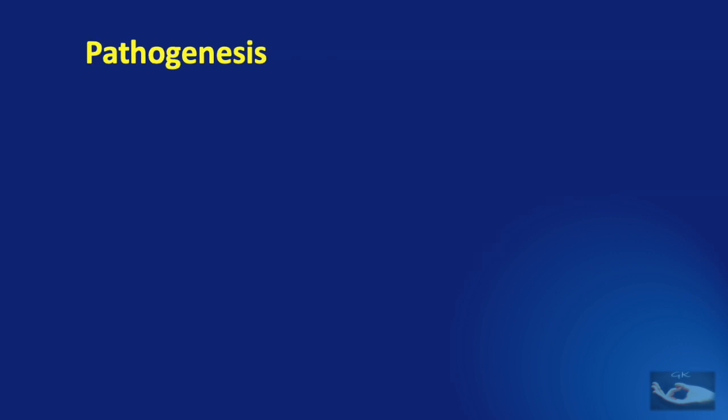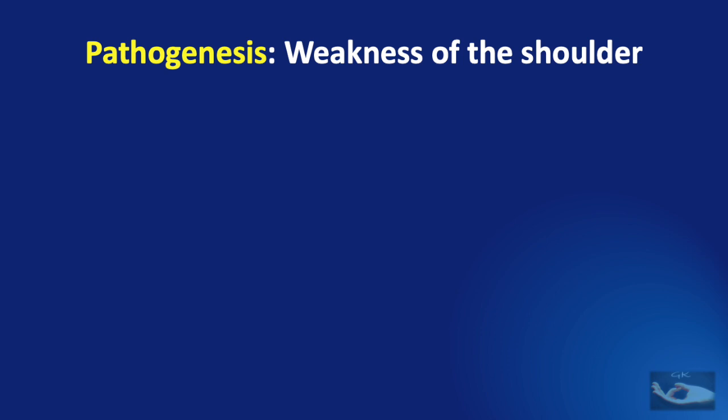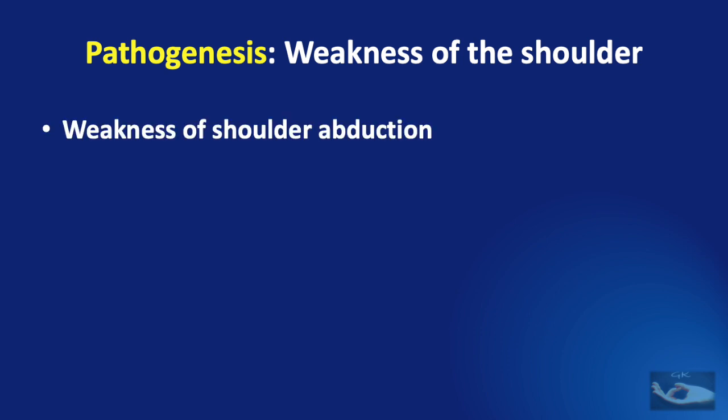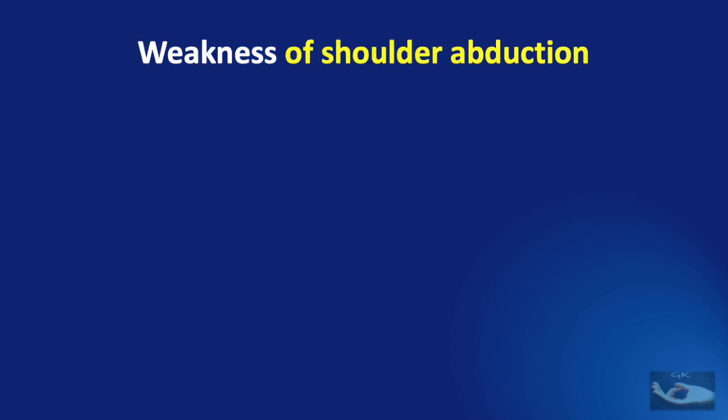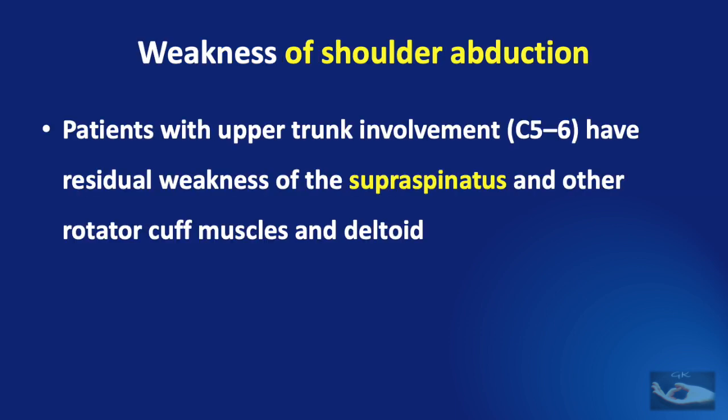When we talk about the pathogenesis of weakness of the shoulder, we are referring to weakness of shoulder abduction and weakness of shoulder external rotation. Weakness of shoulder abduction occurs in patients with upper trunk involvement, that is C5-6, who have a residual weakness of the supraspinatus and the other rotator cuff muscles and the deltoid.